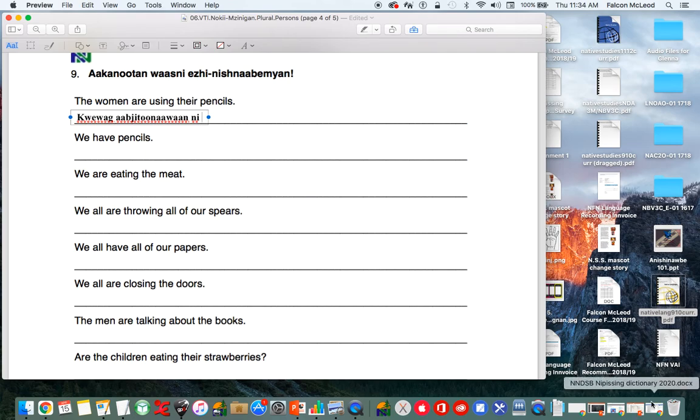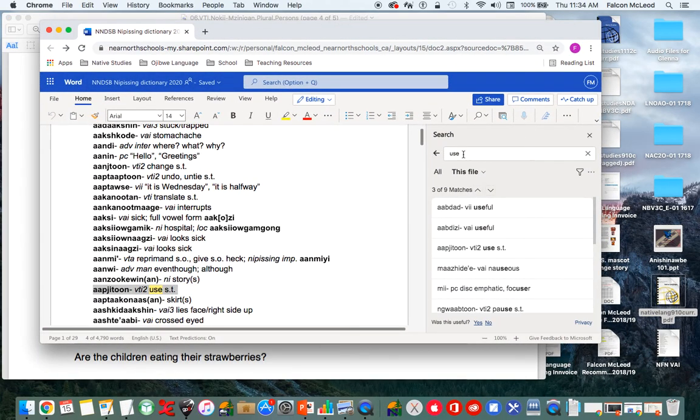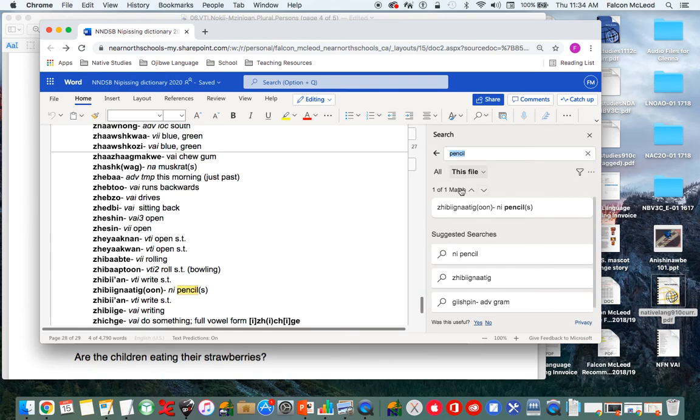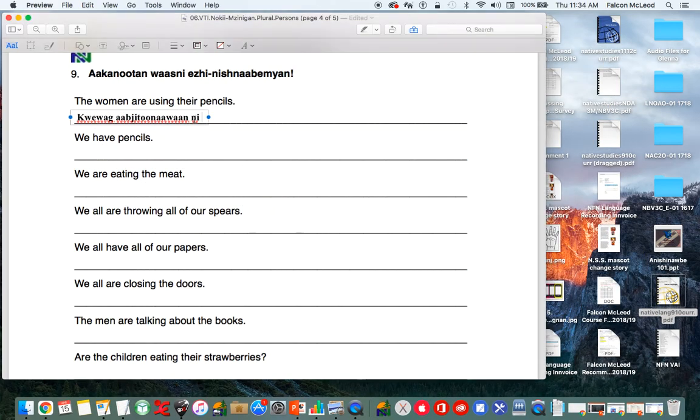The word for pencil, jabig natig. And then we need to make it their pencils because it's their, like they own it.